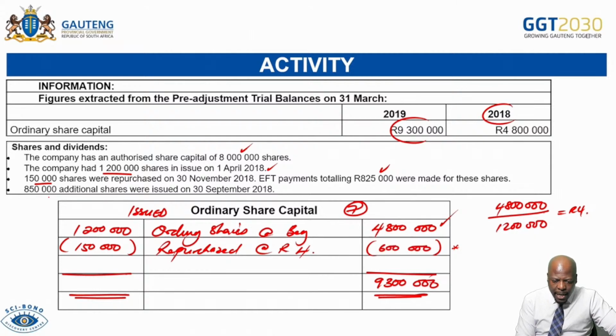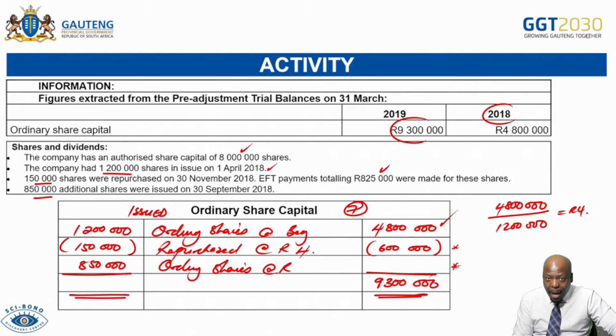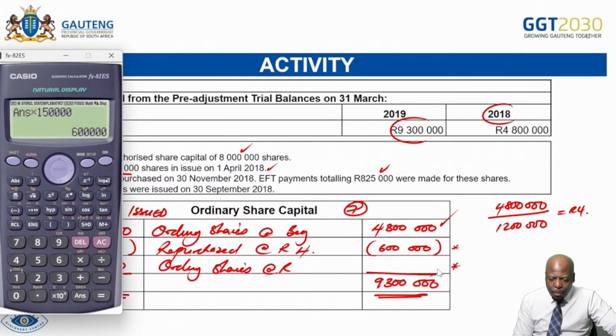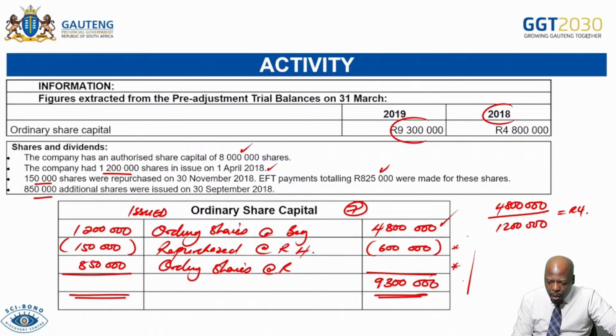Then they say 850,000 shares were issued. So I'm coming here to say 850,000 additional ordinary shares were issued at, we don't know. Can we get this amount? Certainly we can. How do we do that? We do the bottom up method. Okay, starting from the bottom, going up.